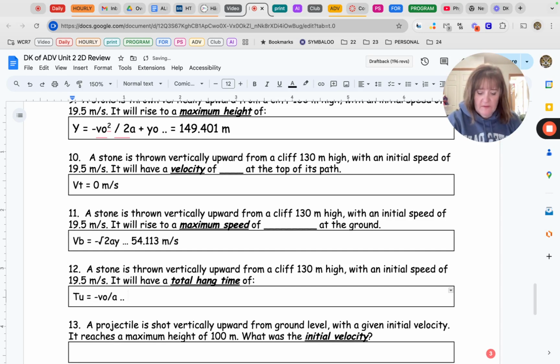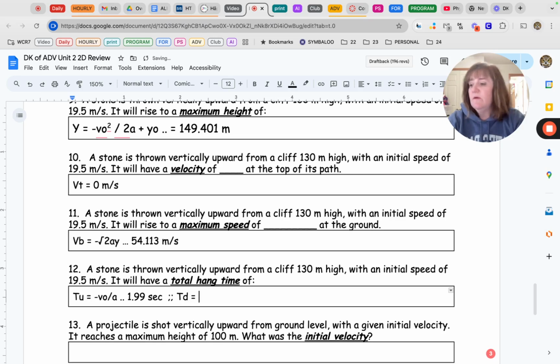So on your calculator, this is negative 19.5 divided by negative 9.8, to be 1.9899 seconds going up.